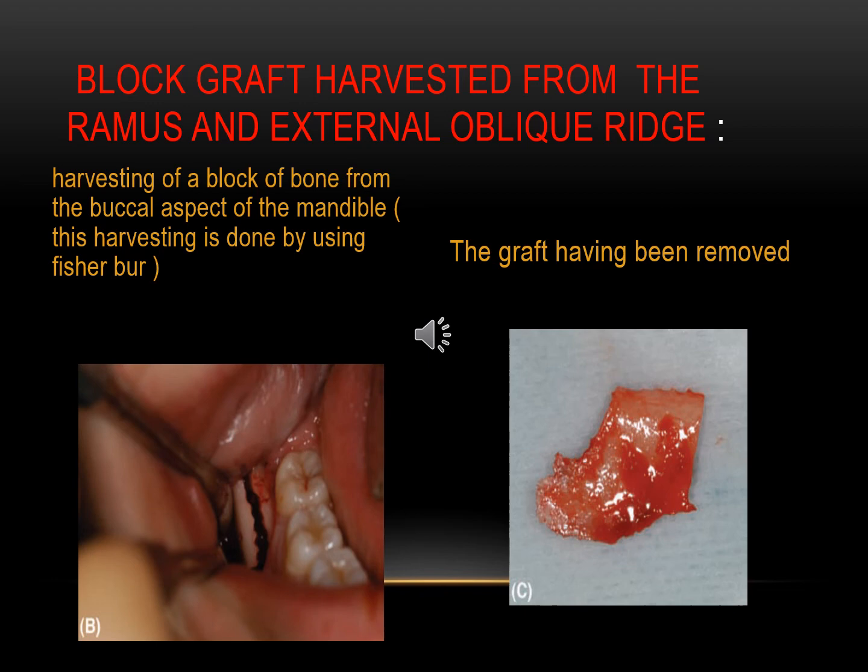After we penetrate the cortical bone and reach the cancellous bone, we can use the hand chisels to remove this bone block from its place and use this bone block to harvest another bony defect.